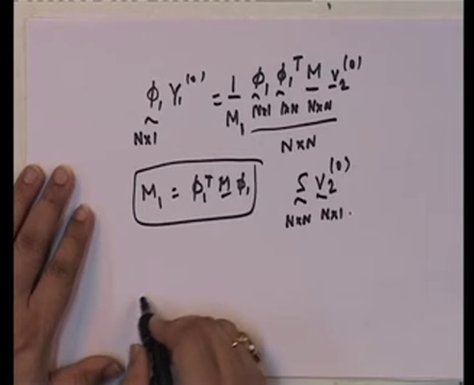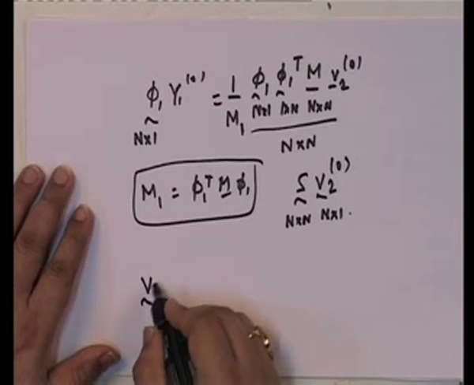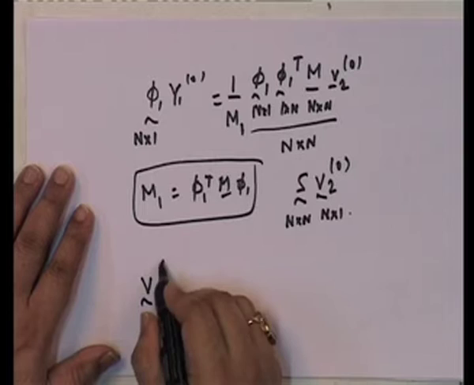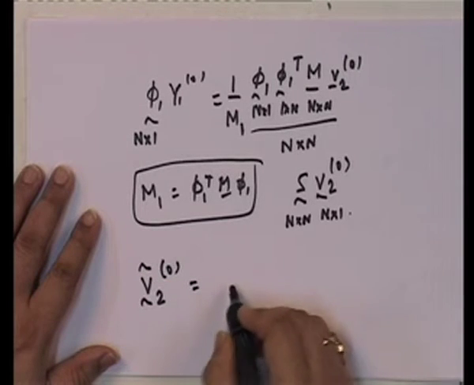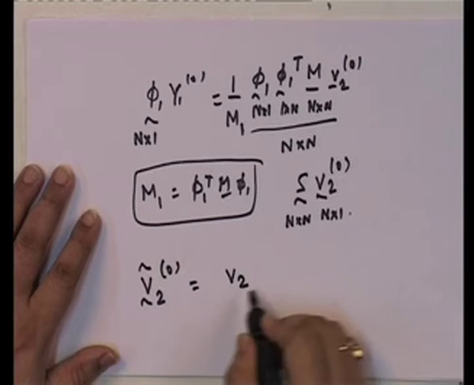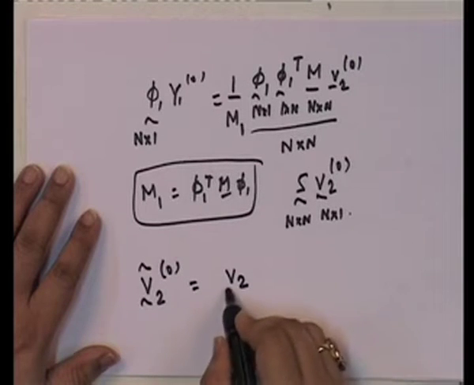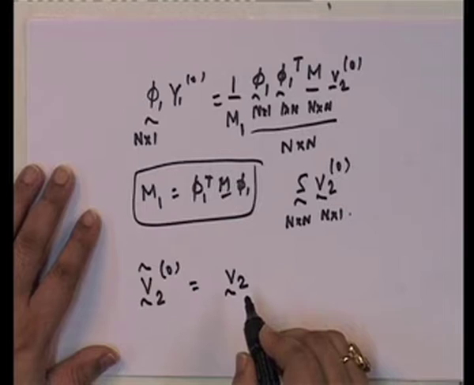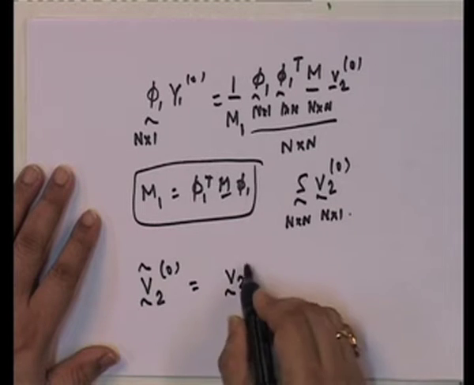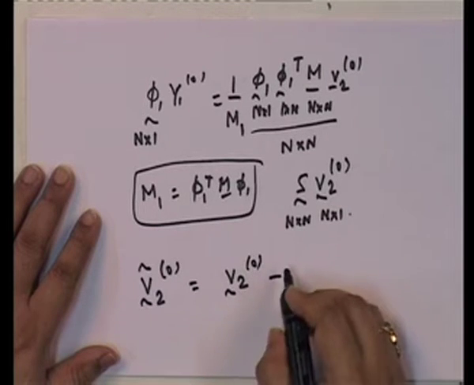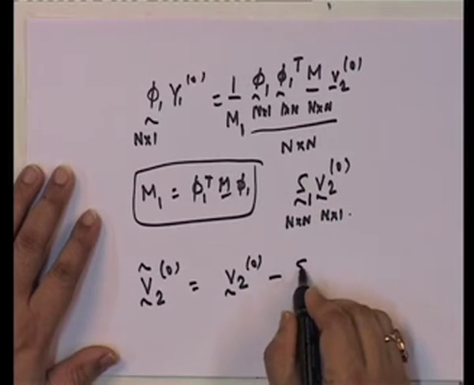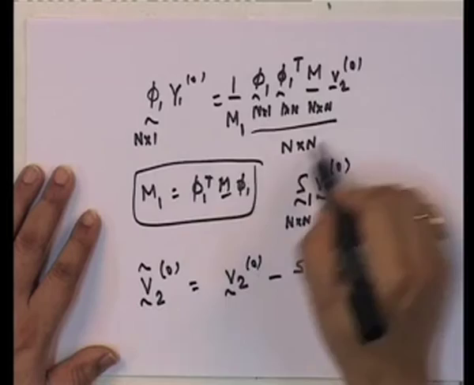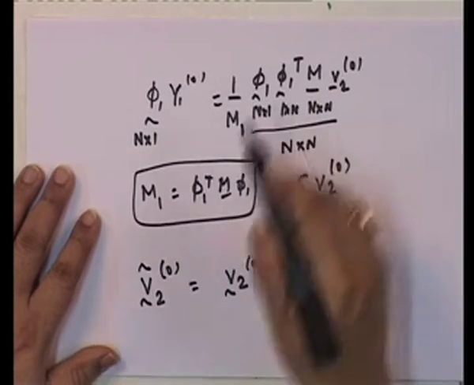Okay, so phi 1 y1 0 is this. So if you look at this, V2 0 tilde is nothing but V2 0 minus S1 into V2 0. This is S1 because it sweeps out the 1.